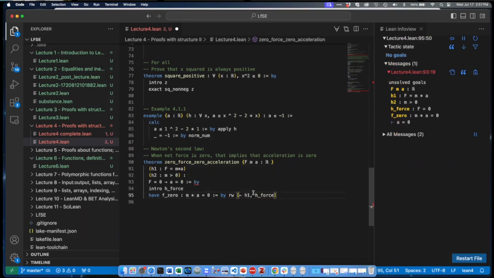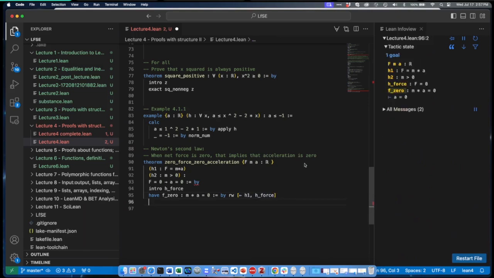So we're doing a substitution with F equal to 0, replacing the left side of H1 with this. We don't need the left arrow if we're replacing something on the right-hand side. We need the left arrow if we're replacing something on the left-hand side. Now we have a new statement that is going to be helpful for us to prove this, and we proved that it is sound. We can add this safely to our set of hypotheses. It doesn't create a contradiction because we have a proof that it's okay.